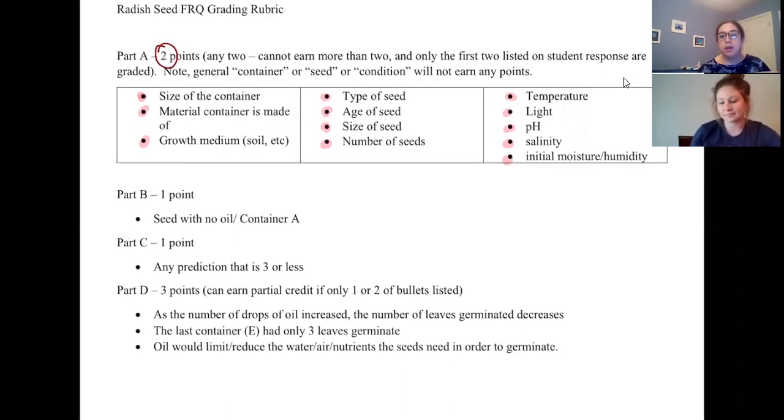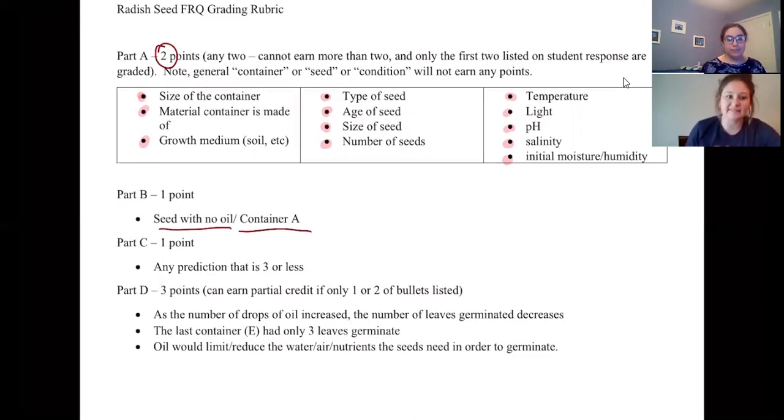And the answer would be water, or in other words, containers with no oil added whatsoever. There shouldn't be oil in the soil. Even though that rhymes, there shouldn't be oil there. So your average normal condition is the seed that does not contain any drops of oil, or you could have simply identified it as container A.